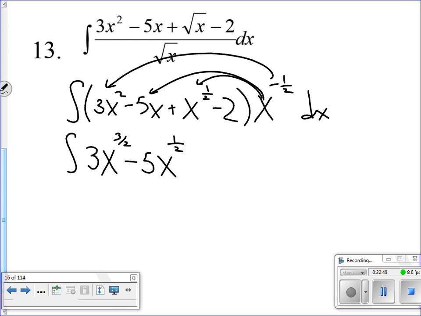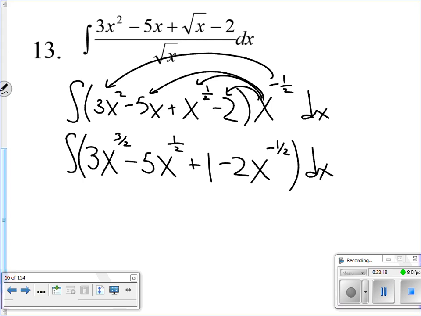When you multiply x to the half by x to the negative a half, you get x to the 0, which is just 1. And then you distribute to the negative 2, and we have minus 2x to the negative 1/2. So if you don't like dividing each term by x to the half and subtracting exponents, you could bring it up to the numerator using a negative exponent and multiply by adding exponents.